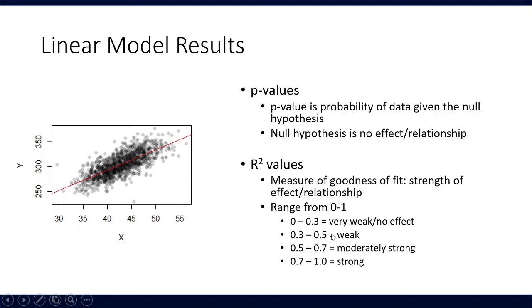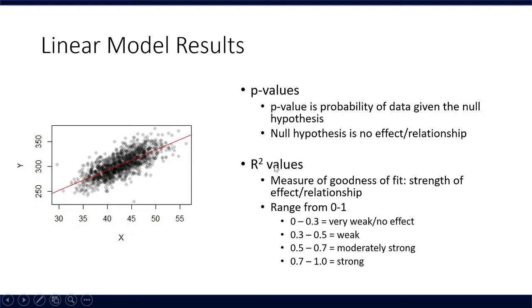So if you've got an r-squared value of 0.5, that means half the variance in y can be explained by x. That's not terrible. It's not great. If you've got something like 0.8 or 0.9, that means that 80 or 90% of the variance in y can be explained by x. That's pretty good. That means your model's capable of explaining a lot of what's going on in the data that you've observed.